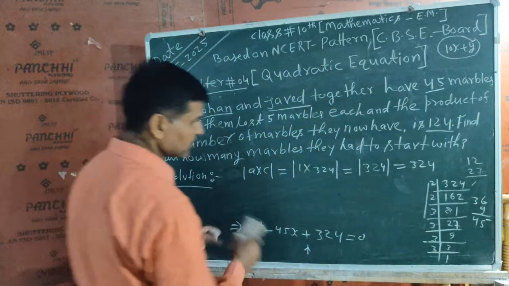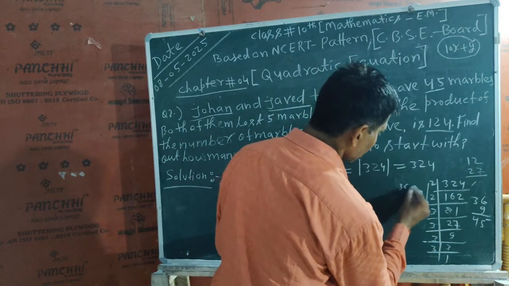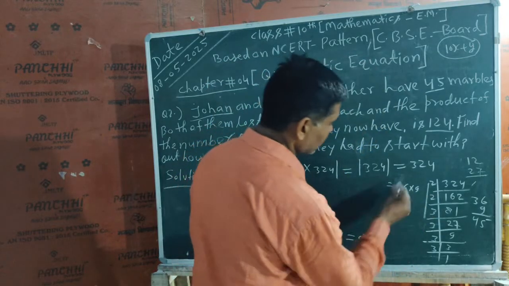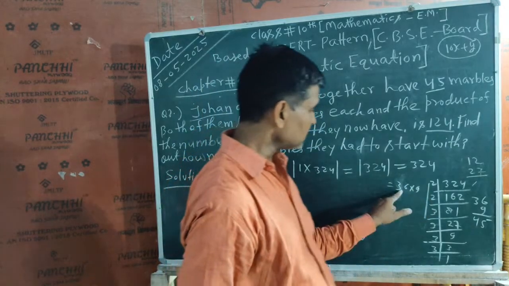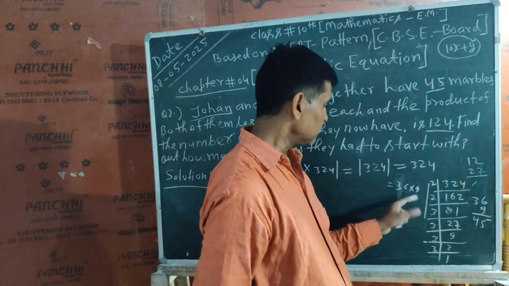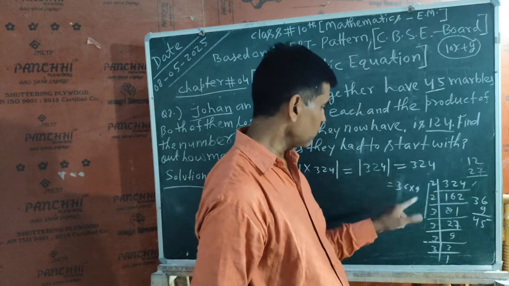One factor is 36 and the other is 9. So 36 I will multiply with 9, I will get 324. That will be okay.